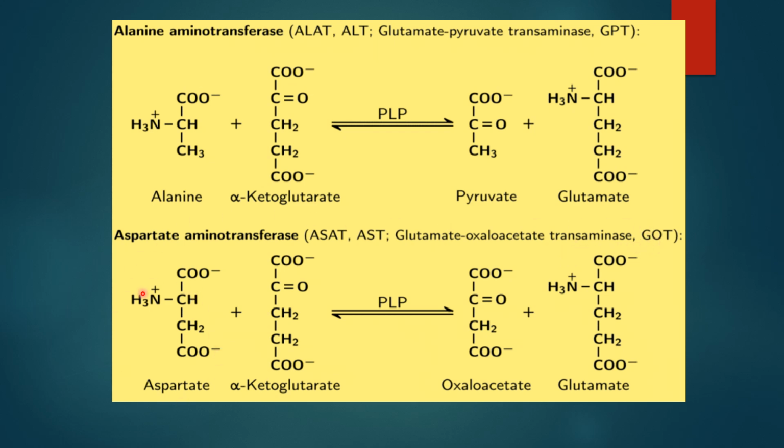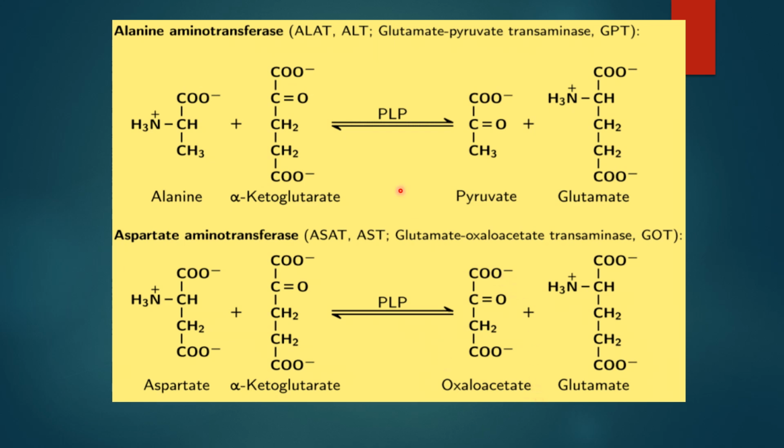So aspartate along with alpha ketoglutarate, in the presence of the enzyme and PLP, converts into oxaloacetate and glutamate. Here the amino group is transferred from here to the carbonyl carbon of this keto acid, and it becomes aminated and converts into glutamate, while aspartate is converted into another keto acid, that is oxaloacetate.